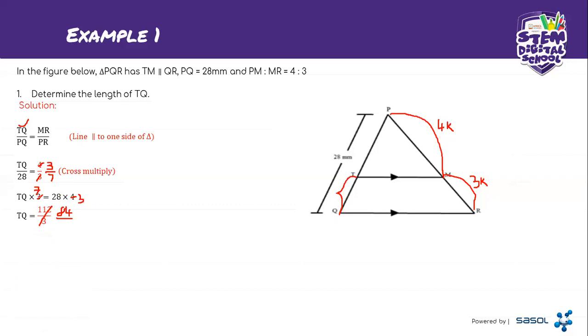Divided by 7. Remember, it's no longer 3, but it's 7. Now let us divide that. 84 divided by 7 gives us 12. So the correct answer for this one is 12 millimeter.